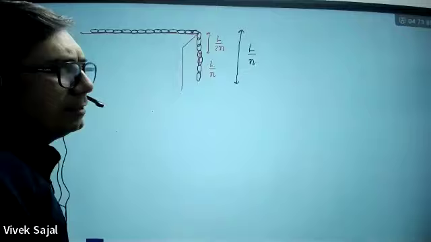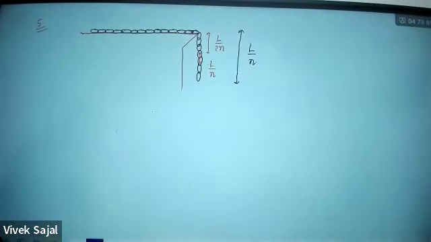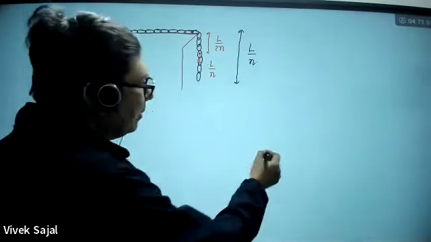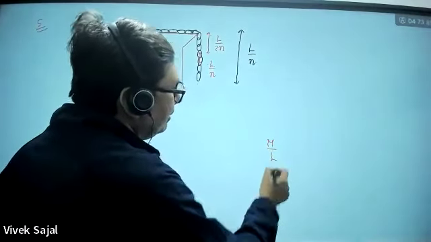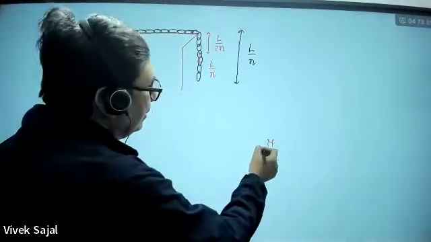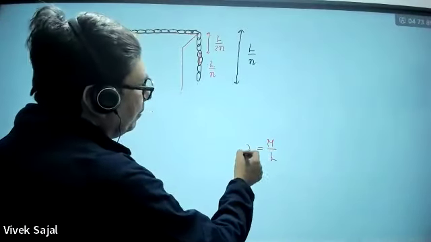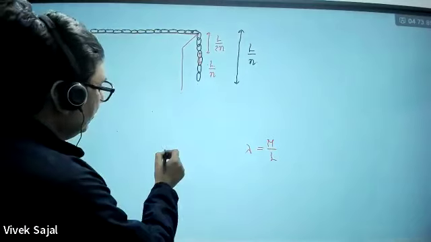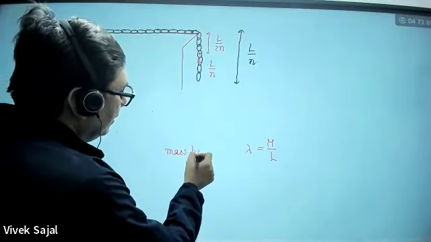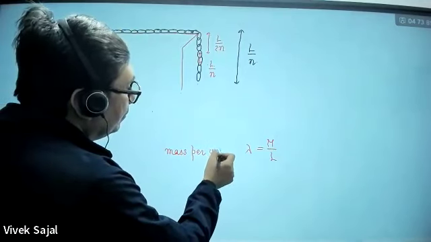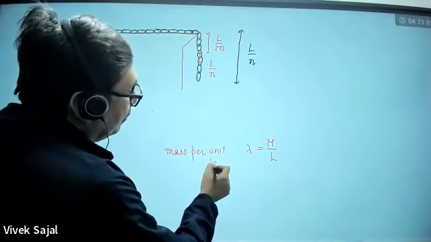Total mass is given as m. So mass per unit length is lambda. This is the mass per unit length of this chain.